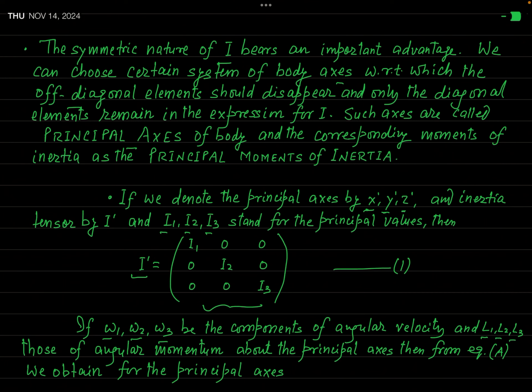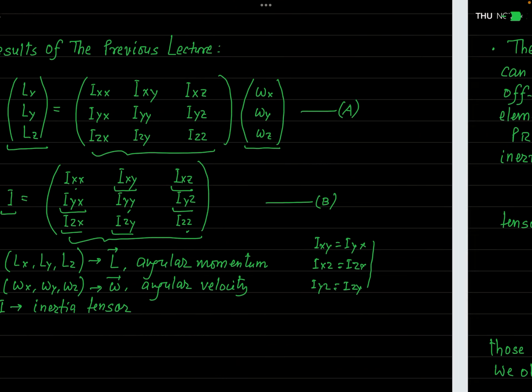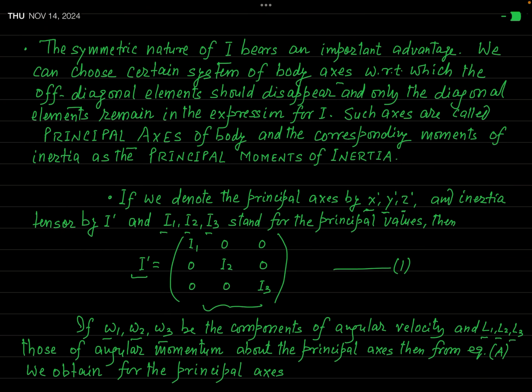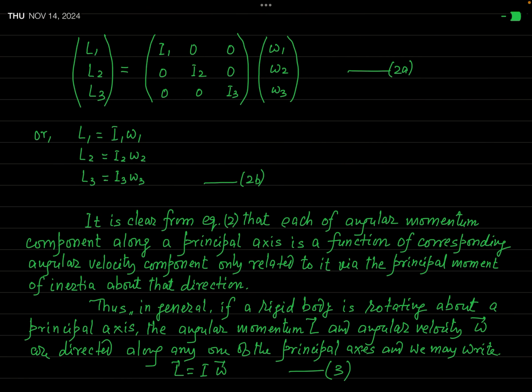So in this condition, if you write the components of angular momentum vector as a column matrix on the basis of this equation A, what will that equation be? You can see I have mentioned that very equation in equation 2A.